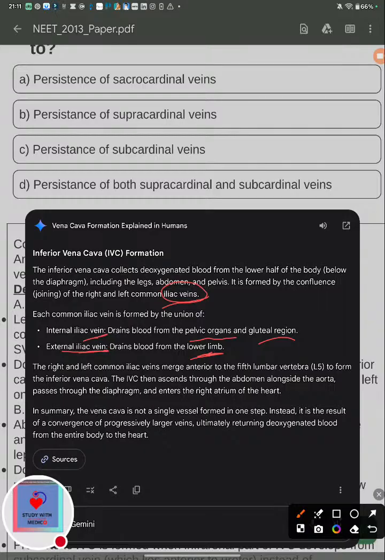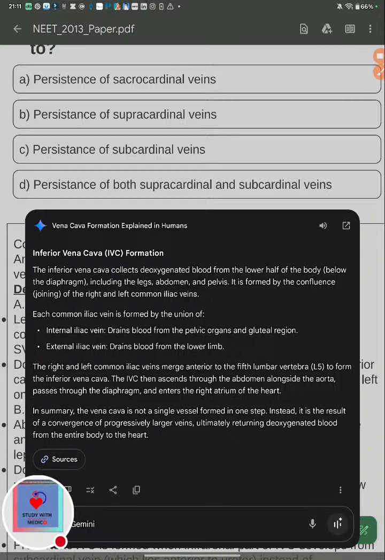The right and left common iliac veins merge anterior to the fifth lumbar vertebra to form the inferior vena cava. The IVC runs through the abdomen alongside the aorta, passes through the diaphragm, and enters the right atrium of the heart.